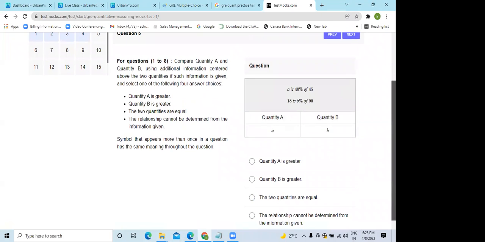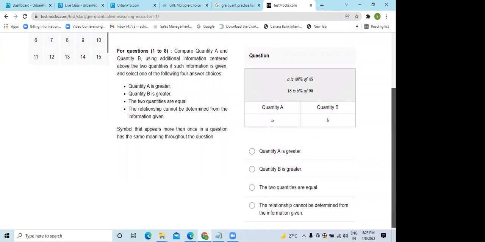What is he asking us here? Quantity A is 40% of 45. Quantity B: 18 is B% of 90. Is quantity A bigger, or quantity B bigger, or both are equal, or the relationship cannot be determined?